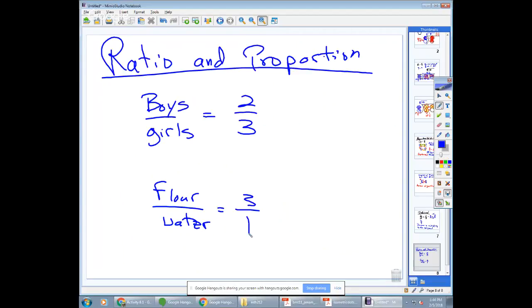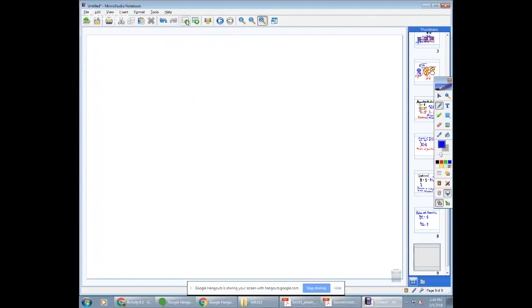Another one I use a lot: to get to school, I have to drive through residential neighborhoods, so a common one that's in my head is 20. 20 what, do you think? Yeah, miles per hour. So every 20 miles, 1 hour goes by.